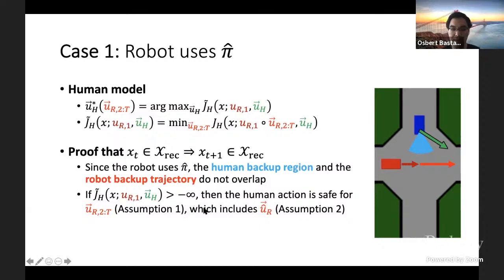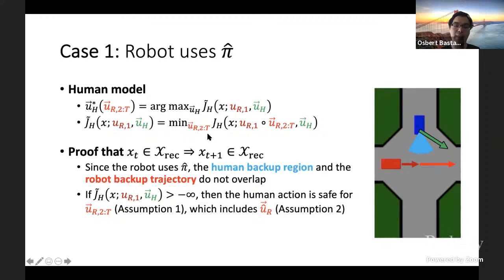Then by assumption 1, we assume that the human accrues reward -infinity for any unsafe state. So if the value function is greater than -infinity, then the system can't possibly have reached an unsafe state. So the human action is safe for the remainder of the horizon.